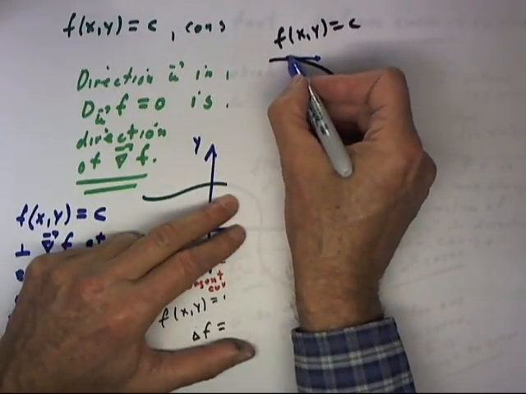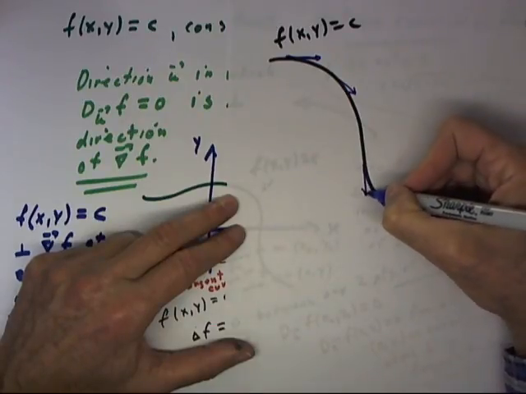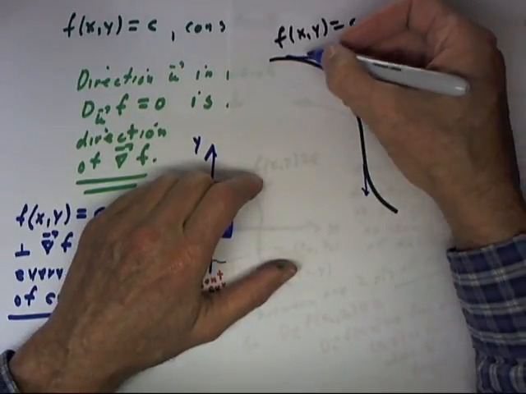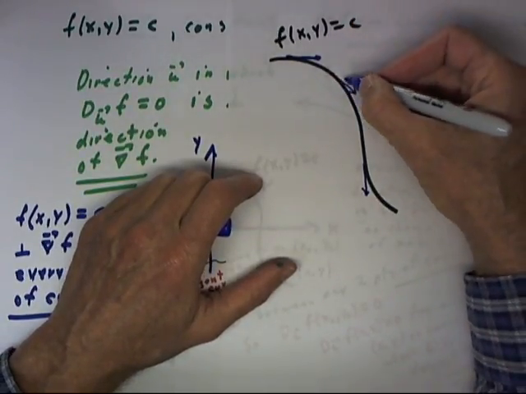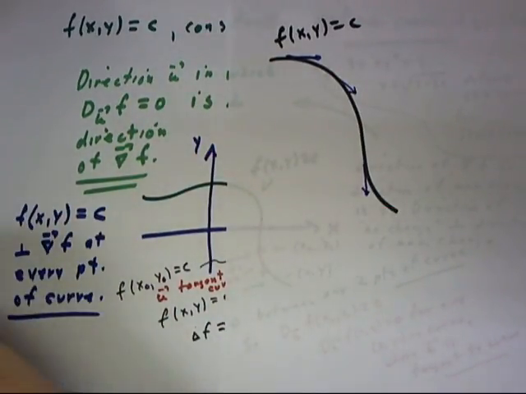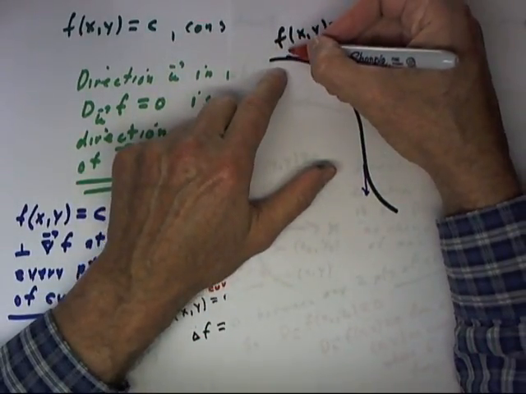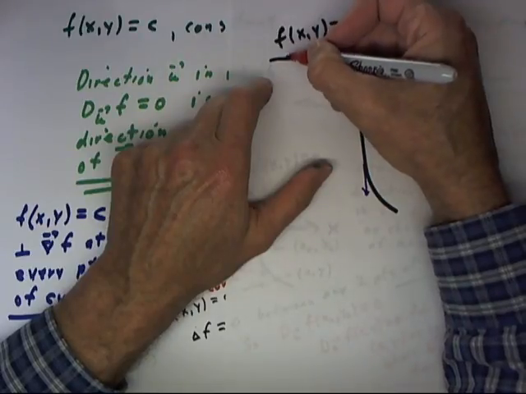a tangent vector, and we could regard this as a unit tangent vector, but it doesn't have to be a unit tangent vector. So we have a vector here. This would be the tangent vector at this point. I'm not going to put a label on it. What we're saying is that the gradient at this point will be along the line perpendicular.